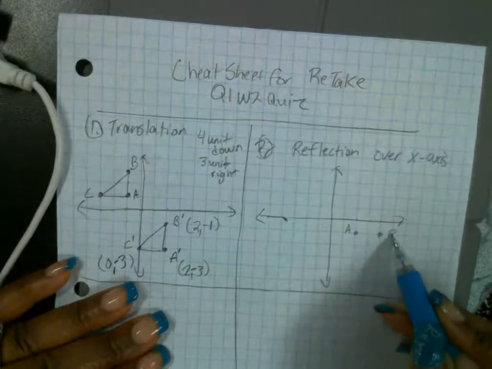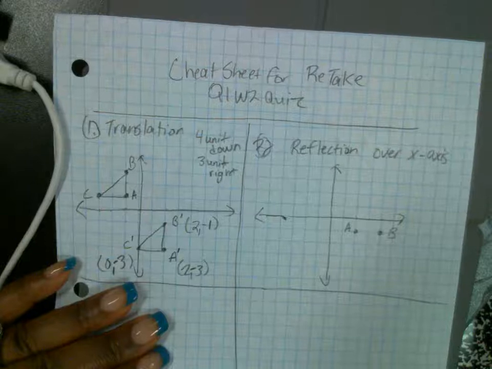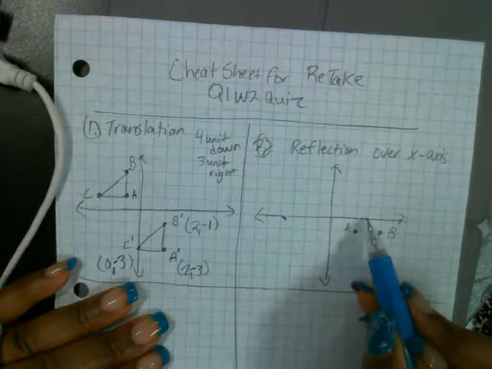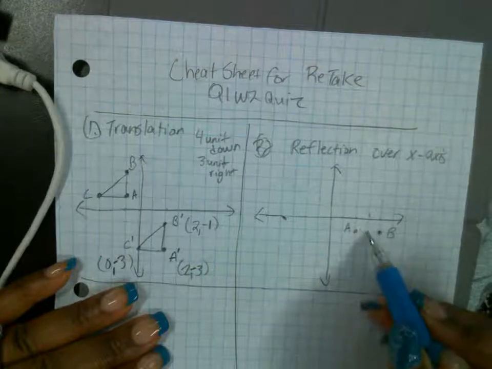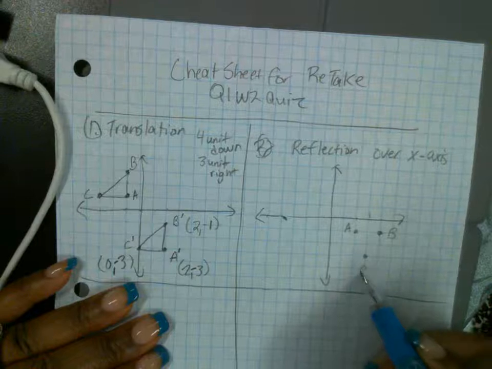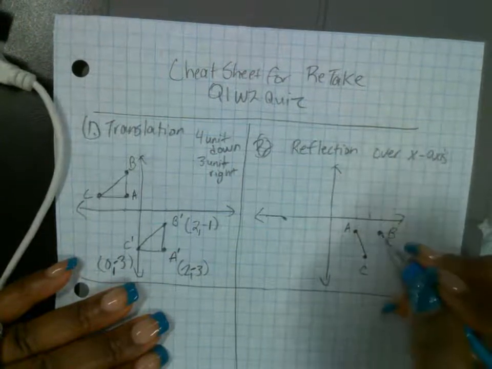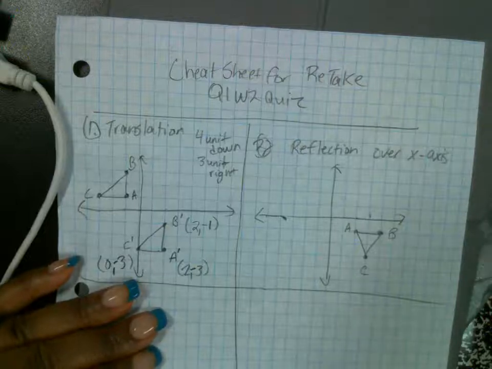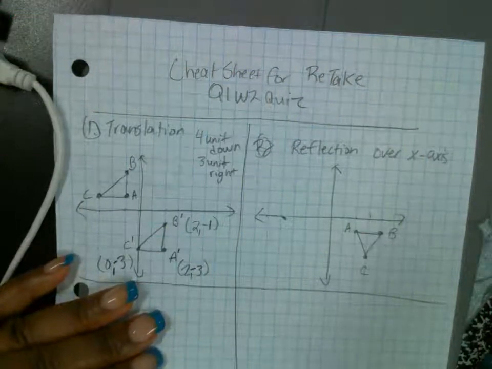This is B. And then I'm going to go over 1, 2, 3, and down 1, 2, 3. This is C. This is, of course, my pre-image because it has no tick marks. This is where it started before the move.